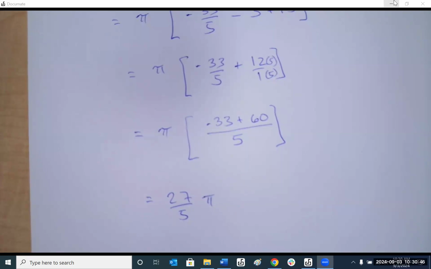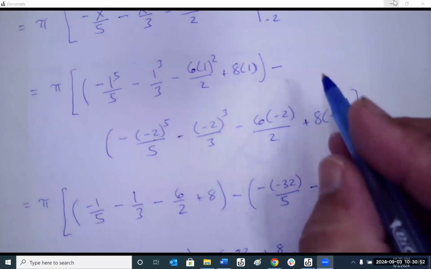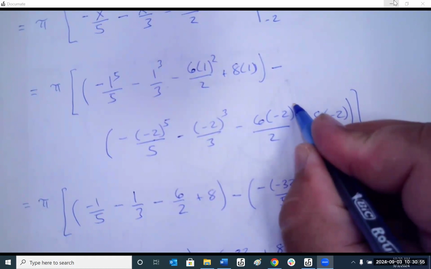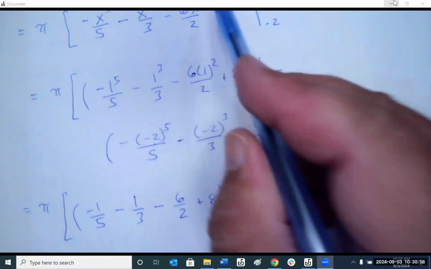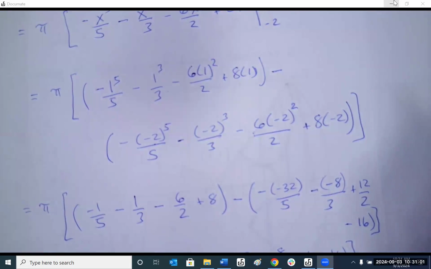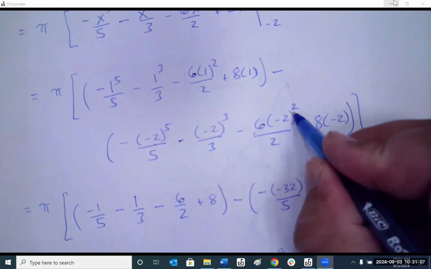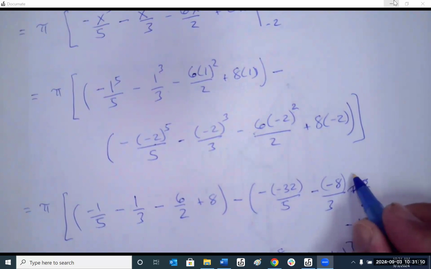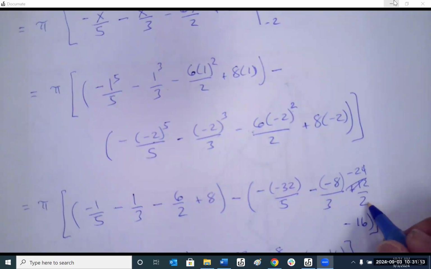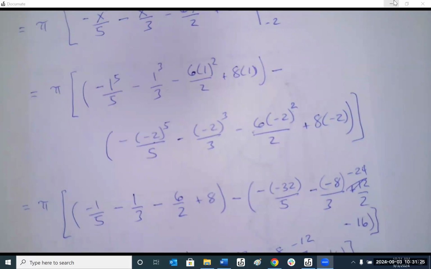I changed the number. This one should have been squared. This is 6x squared, 6x squared. So it should have been plus 4 times 6 is 24, so it's negative 24 over 2, which means it's a negative 12, which makes this a negative 26.